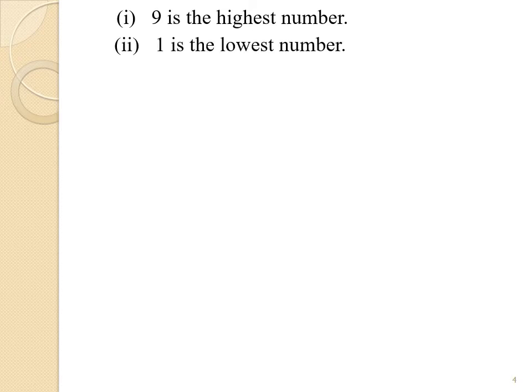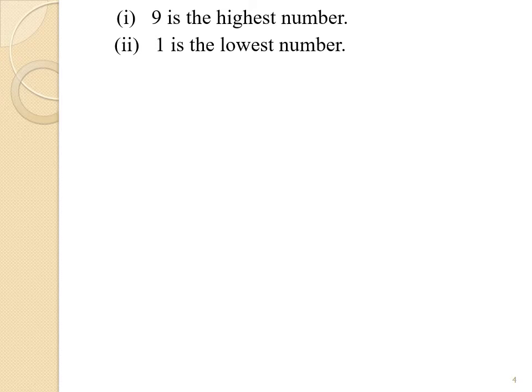Question number 1. Which number is the highest? The answer of this question is 9 is the highest number. Question number 2. Which number is the lowest? The answer of this question is 1 is the lowest number. Question number 3. What is the range of the data? Students, recall the formula of range.